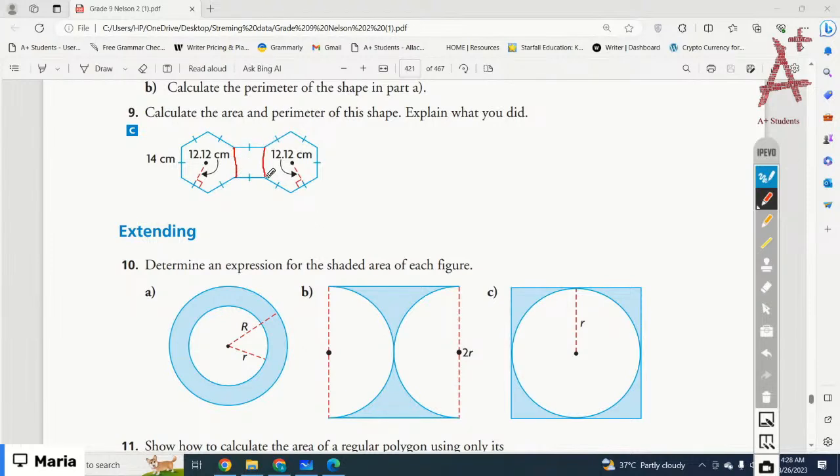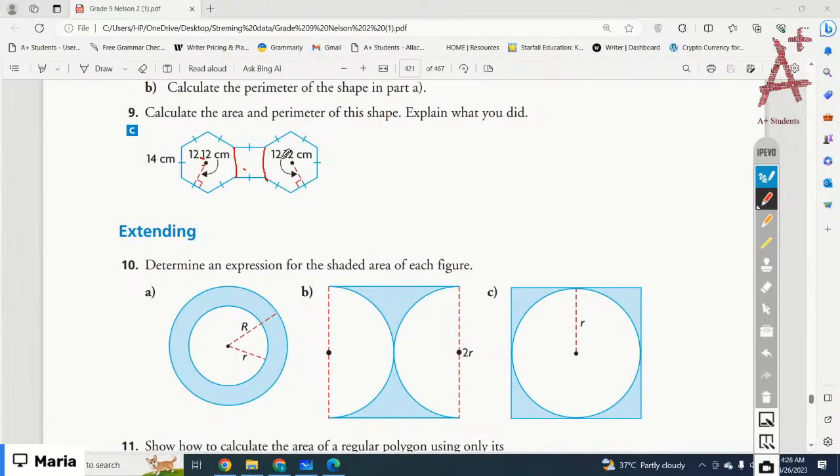This one and this one. You can see 1, 2, 3, 4, 5, 6. You can divide this shape into two regular hexagons, right? And you have a square midway.